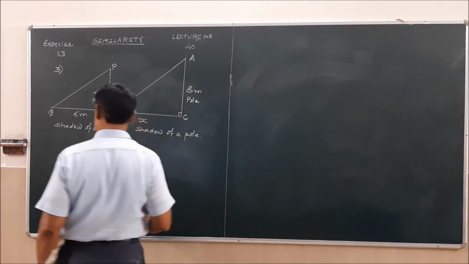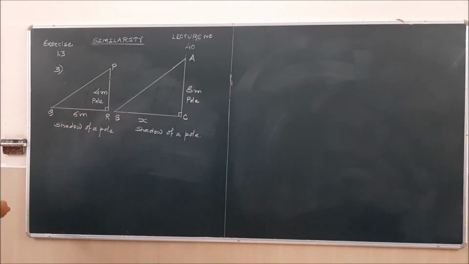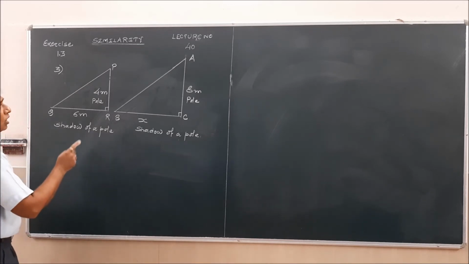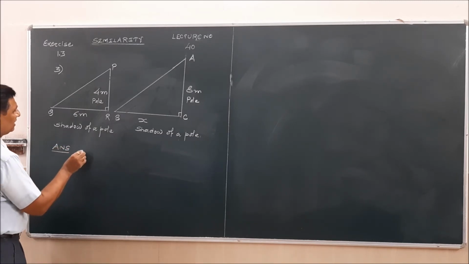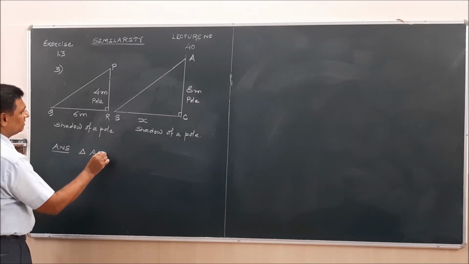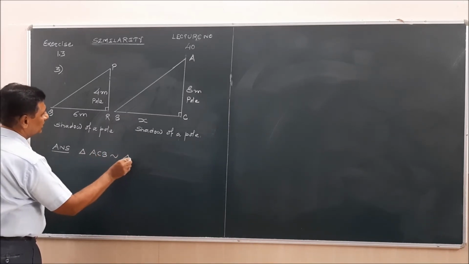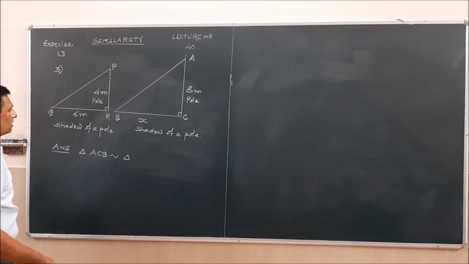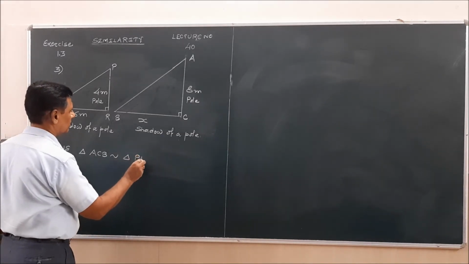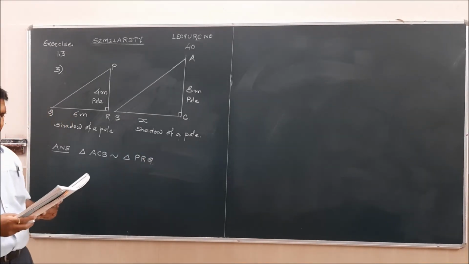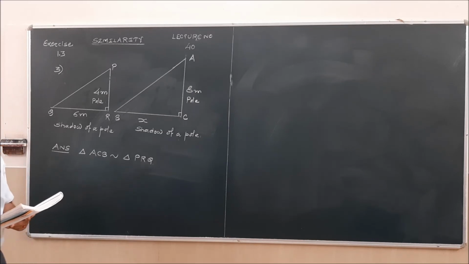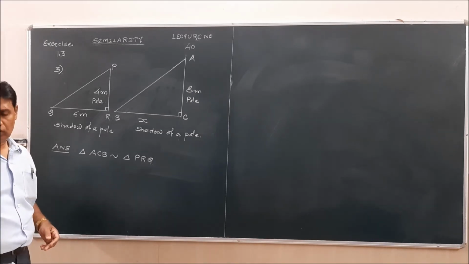Now you will find, dear students, that triangle ACB is similar to triangle PRQ, and we have to find the length of the shadow.